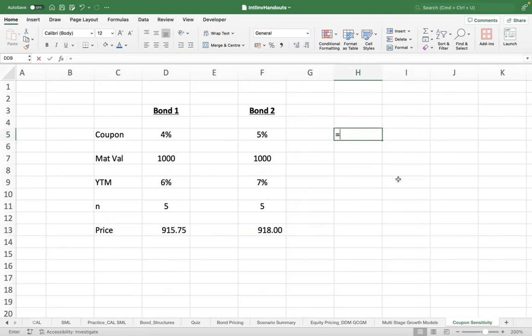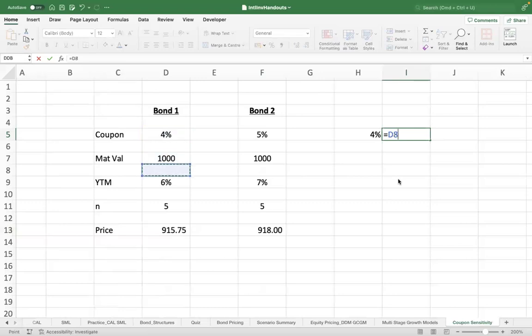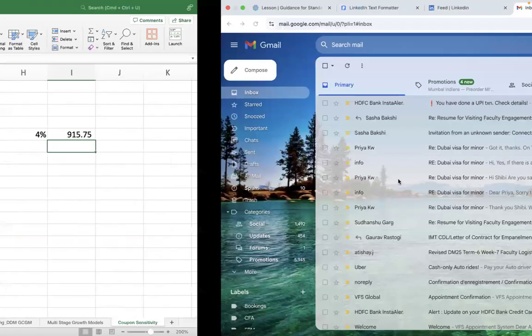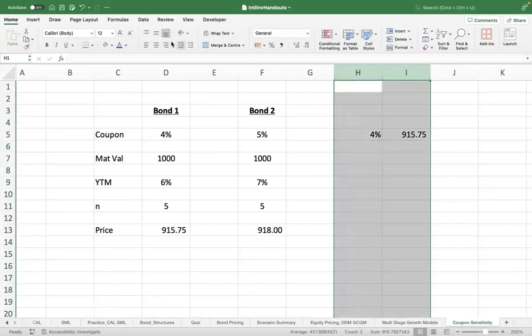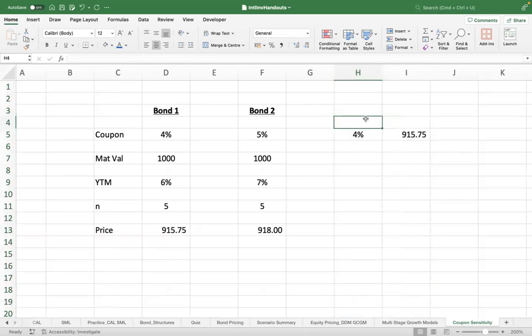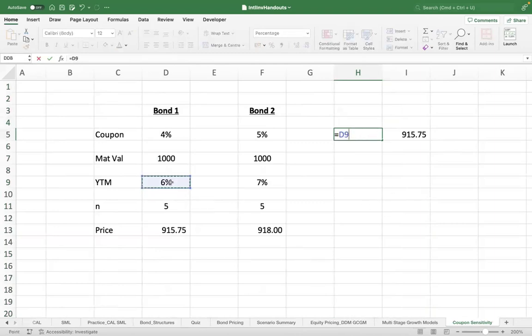So now what I will do here is put the 4% as the coupon, which is the input, and the price here, which is 915.75, which is the output. And for the first bond, we'll link it to the YTM rather.